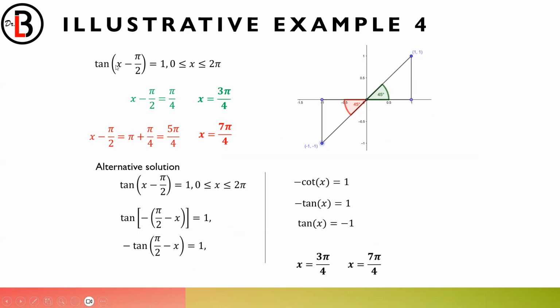And then here, tangent of x minus pi over 2 is equal to 1. And then you're given from 0 to 2 pi. So when is tangent equal to 1? I know that that happens at 45 degrees.